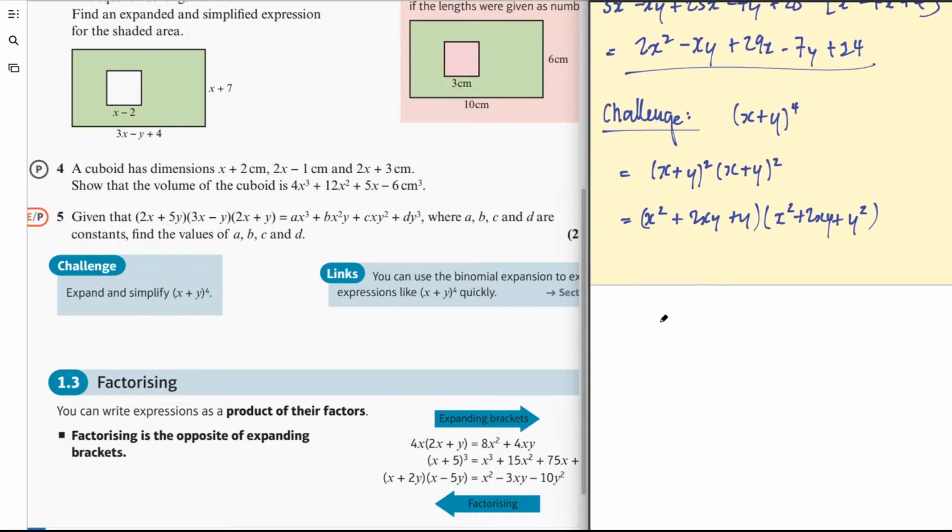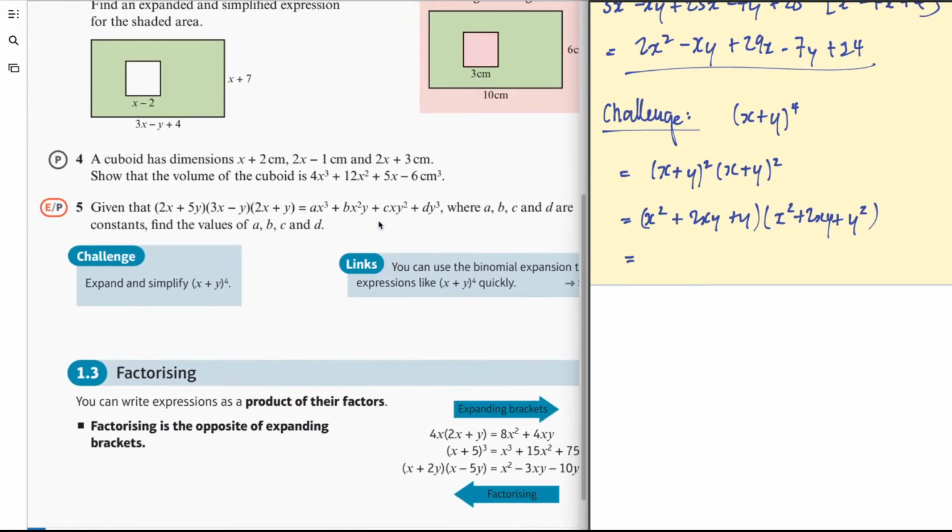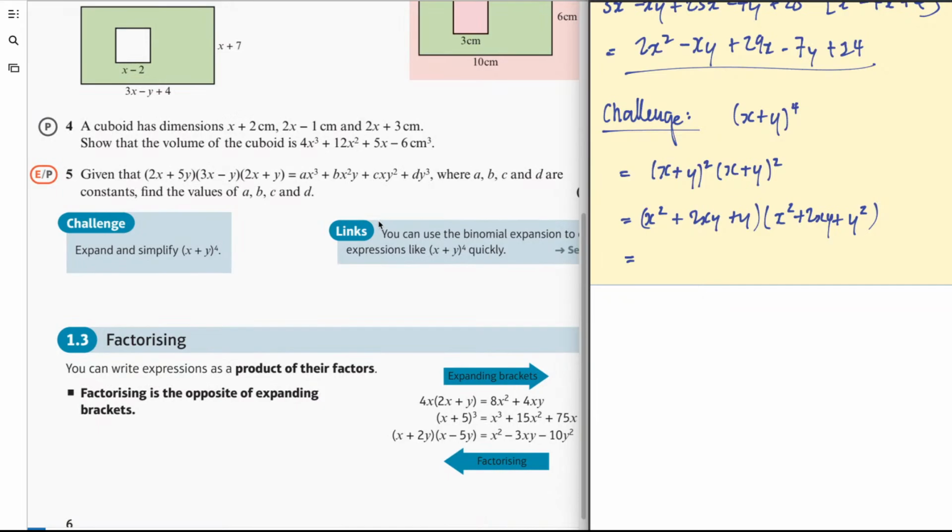I guess this is an extra level of difficulty because you're multiplying two sets of three brackets, which is not in any of these ones. So it is, I guess, a challenge in that respect. Question 4. So maybe we'll go back to question 4 in a minute. So let's continue with this one here.